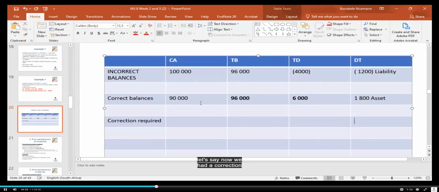Now let's say we had a correction of this balance where it's 90 and 96, it would have been 1,800. Now the difference between the two would have been 1,800. You understand what I mean? Because you are not looking at the difference between 1,200 and 1,800. Rather, you are looking at the difference between negative 1,200 and positive 1,800. Thank you, sir. Do you get it now? Yeah, I get it, sir. So the difference then is 3,000.